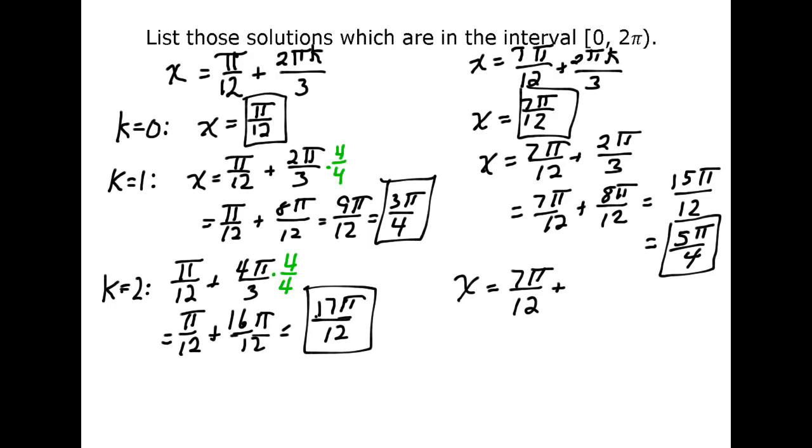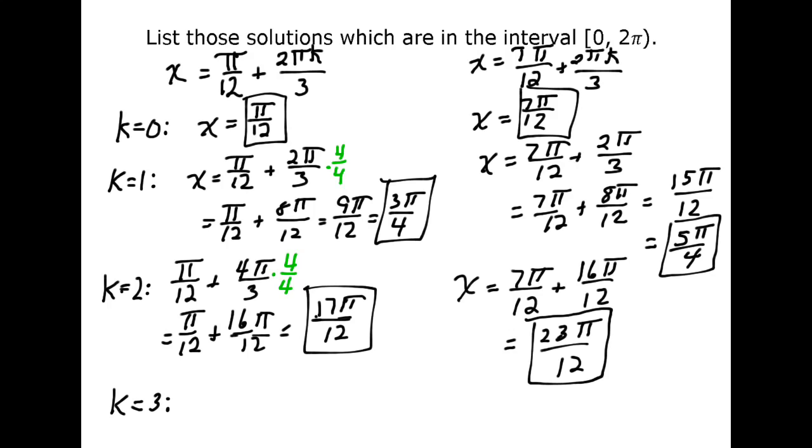Okay, so 17 pi over 12. And back to this one, 7 pi over 12 plus 16 pi over 12, and that equals 23 pi over 12. So if we go one more and let k equal 3, then we get bigger than the 2 pi. So we can stop at this point with our 6 answers.